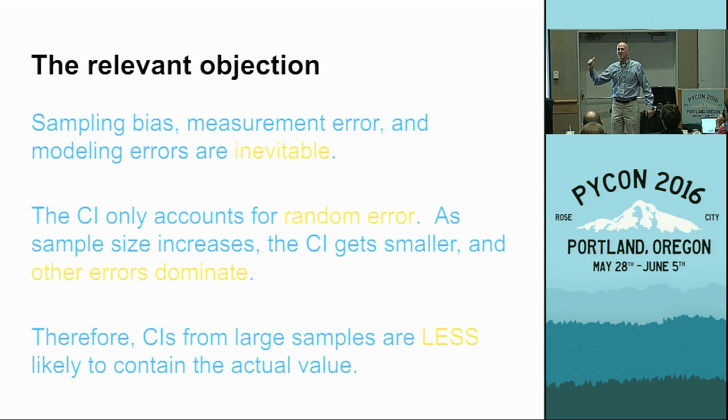So this is the irony of confidence intervals, which is that as the sample size gets big, your confidence interval gets small, and the probability that it contains the actual value goes to 0. And this is an example in this data set where that confidence interval is so absurdly small that it probably has no chance of containing the actual value.